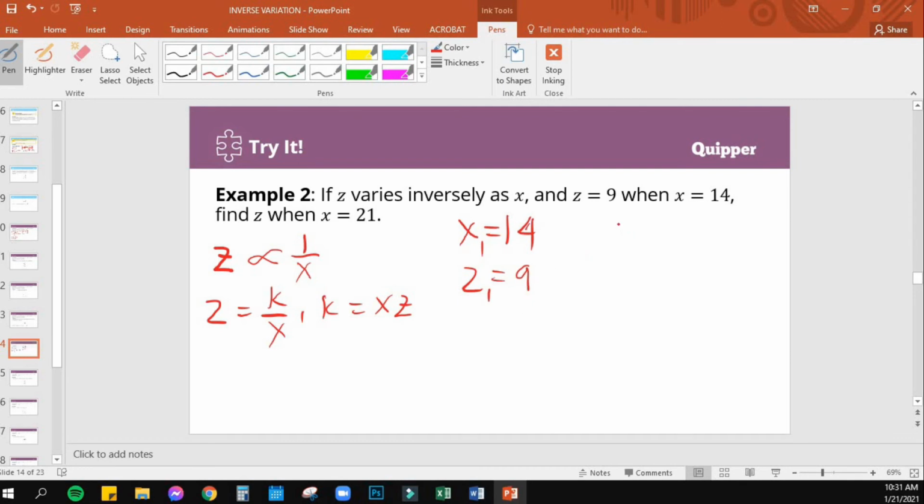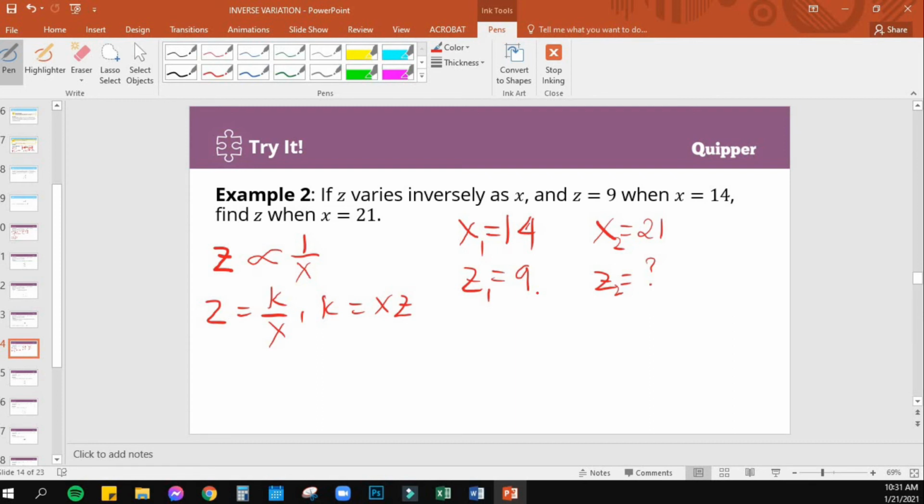Okay? And the other set is x is equal to 21 and z is unknown. So x sub 2, z sub 2. Okay? Normally, kapag may nawawalang variable, laging may two sets yan. Inverse, or direct. Okay? So, laging may nawawala.